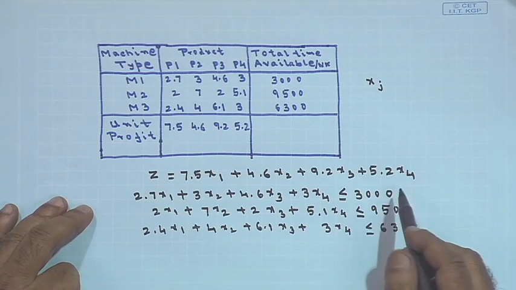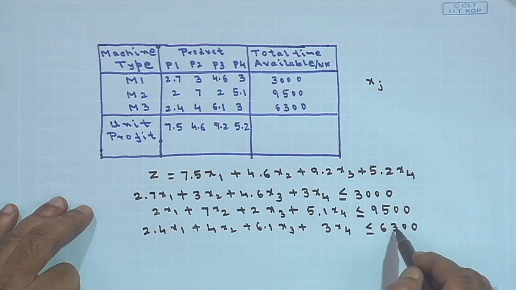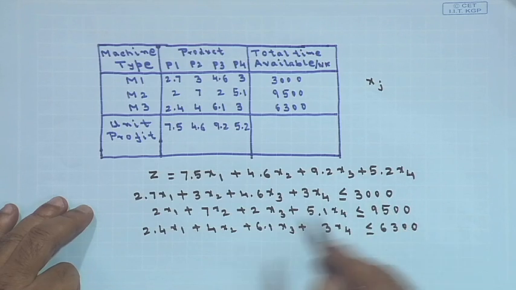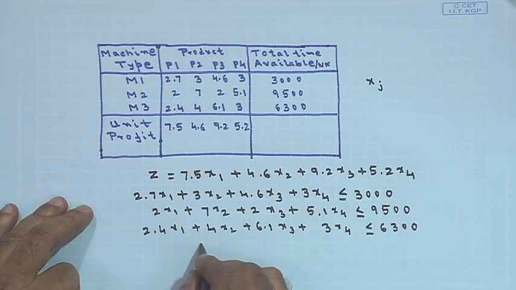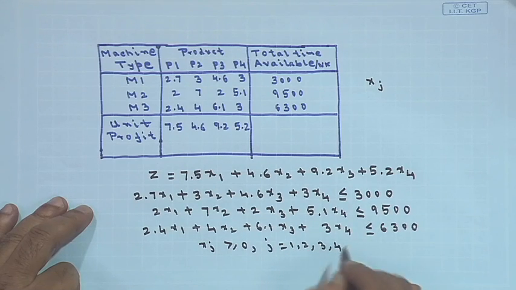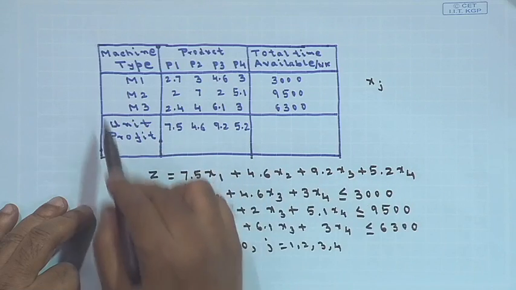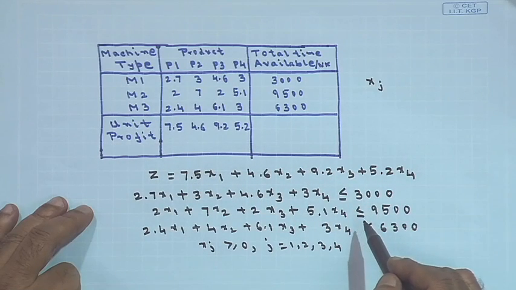So, this is the objective function and these are the constraints, where obviously x j is greater than or equal to 0, where j is 1, 2, 3 and 4, since these are products and they cannot be negative. In this way I have formulated one optimization problem for this particular table.